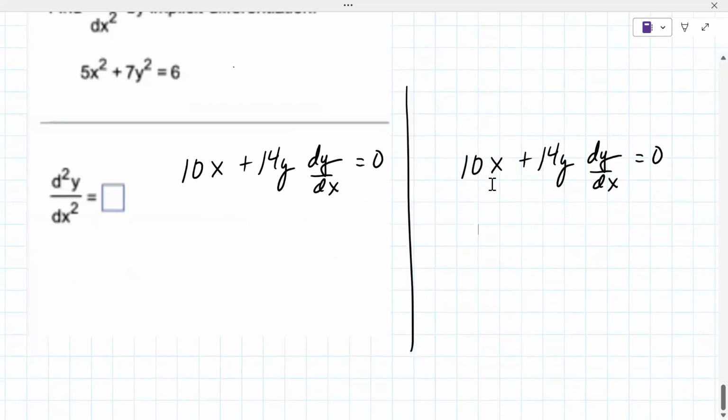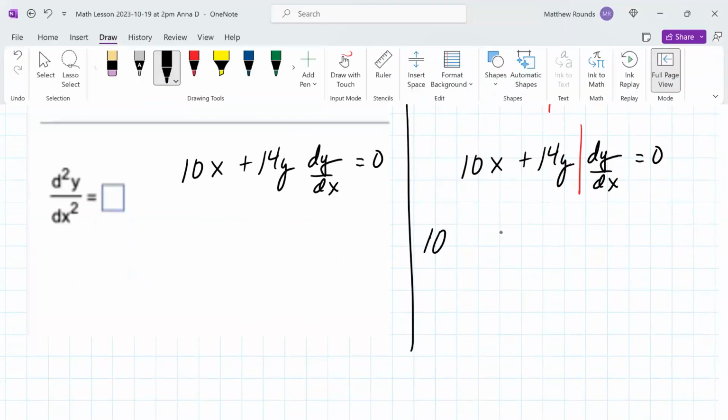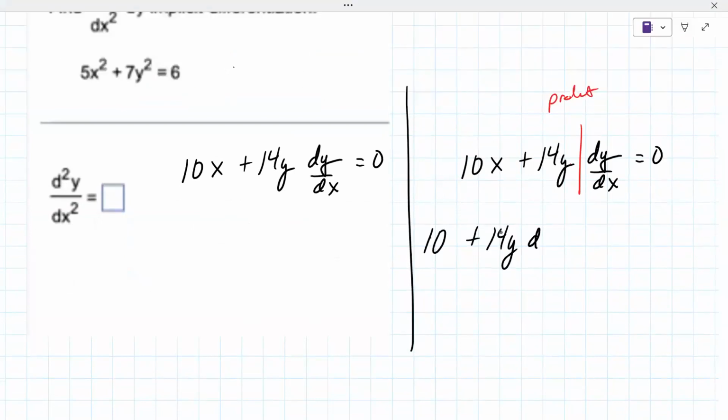So on the right here, the derivative of 10x is 10. The derivative of 14y dy/dx ends up being product rule. Make a note of that as a product. So it's 14y times d squared y over dx squared. This is keep the first, take the derivative of the second.